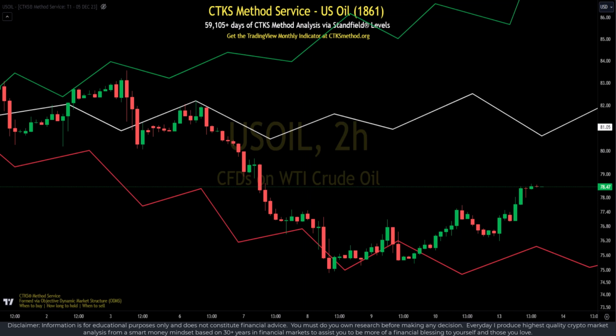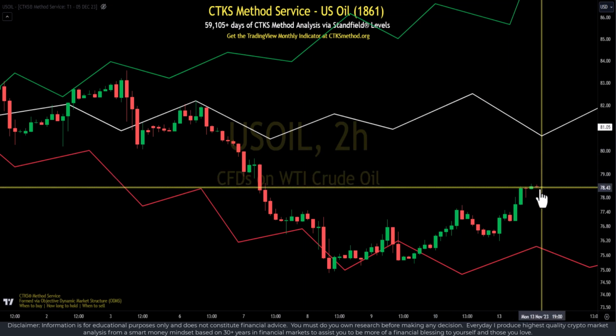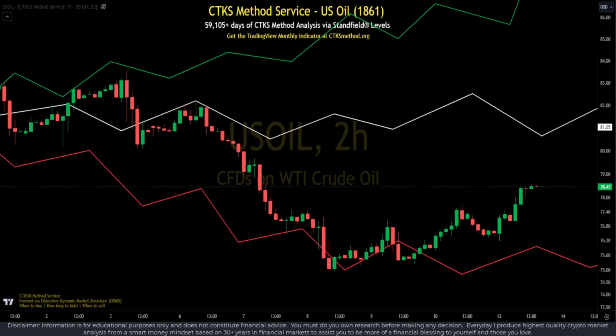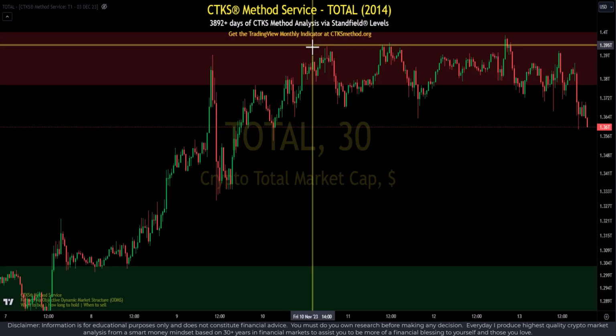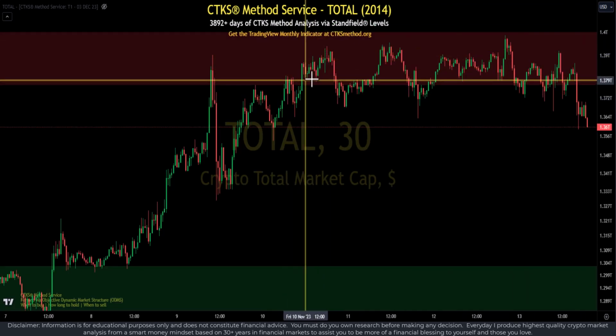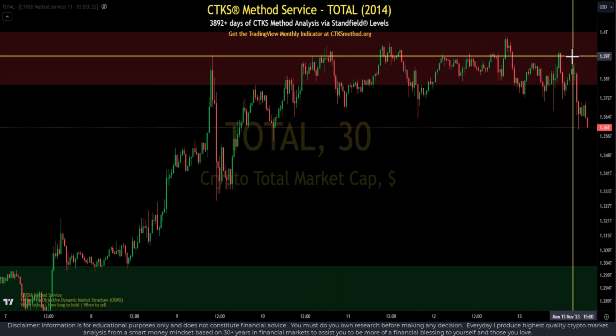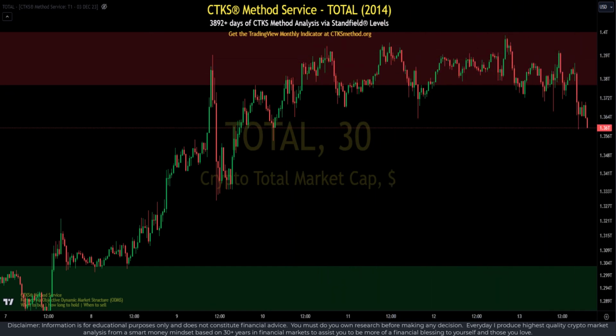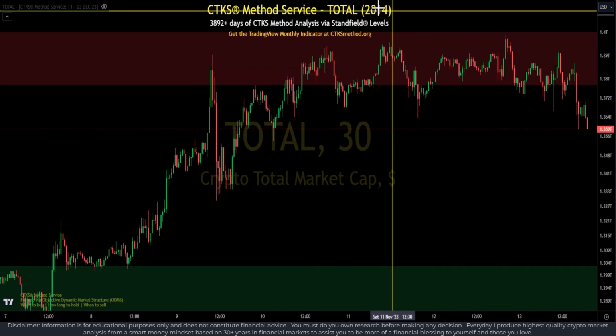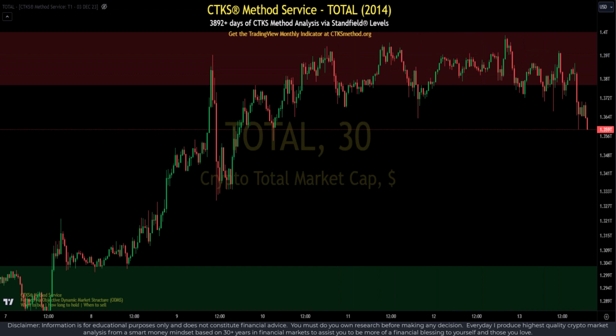This is not such a good thing. This will fuel the yields to rise, the US dollar to rise. Why? Because oil is energy. Energy is inflationary. We've also seen the total crypto market cap has tried to challenge this internal structural resistance level, but not doing such a good job at the current time. But we anticipated this because we know that structural resistance level is there.